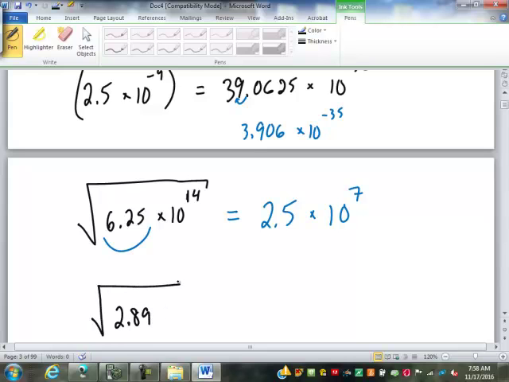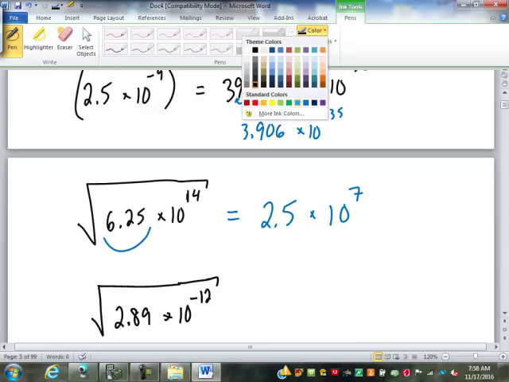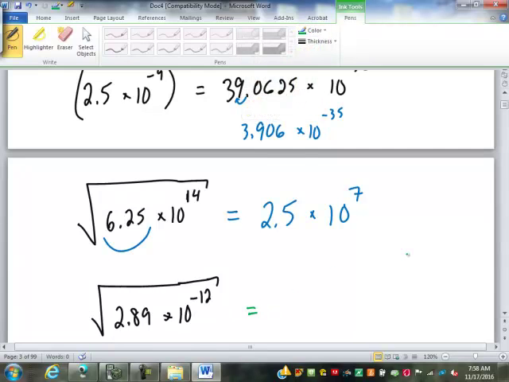If I have the square root of 2.89 times 10 to the negative 12th, I have to square root the number. What is the square root of 2.89? 1.7 times 10. What do I do with the power of 10? I divide by 2. Good. So negative 12 divided by 2 is negative 6.